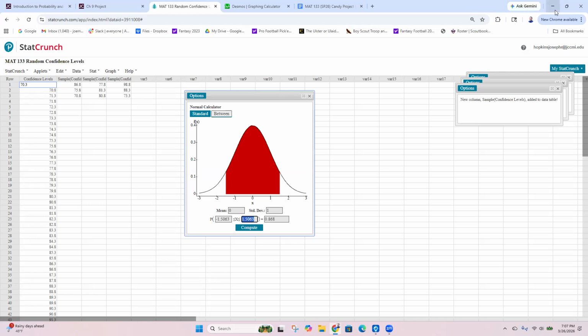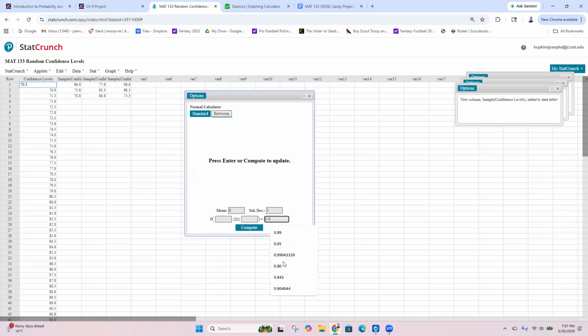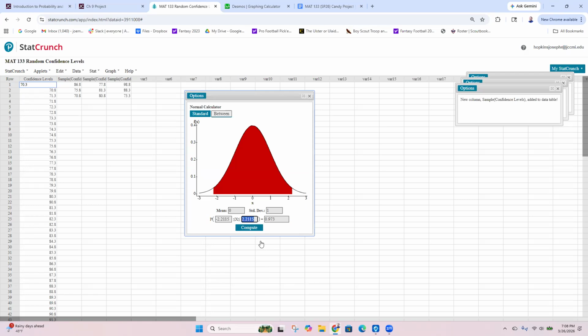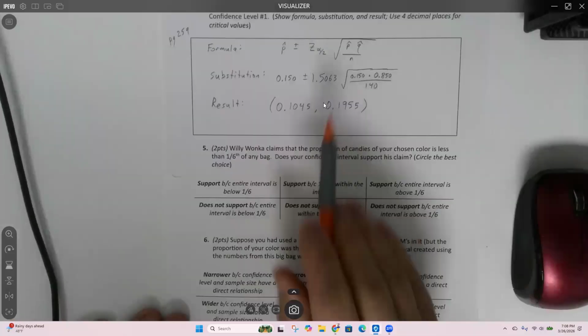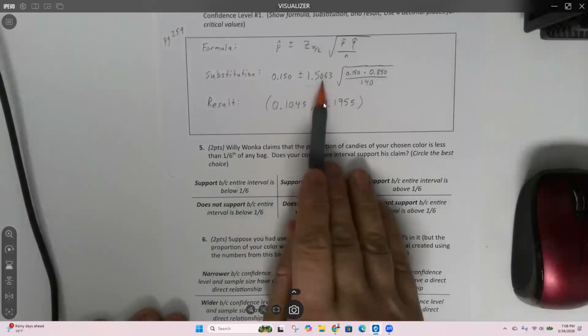Obviously, yours will be different because you have a different confidence level. Gabby said a second ago hers was 97.3%, as a decimal 0.973. Her Z value is 2.2115, and that's what she would put right here for her Z alpha over 2.